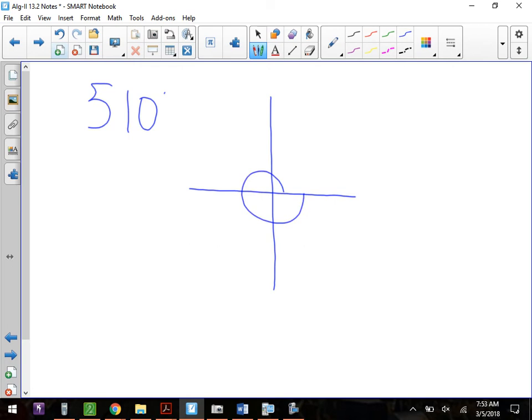After 360, 540 would be 1.5 revolutions, correct? So this is less than 1.5, so this still has to come back into the second quadrant. How far is it off of the x-axis? 30. Remember, as you're going around, you have 0, 180, 360, and then if you add another, you're at 540.